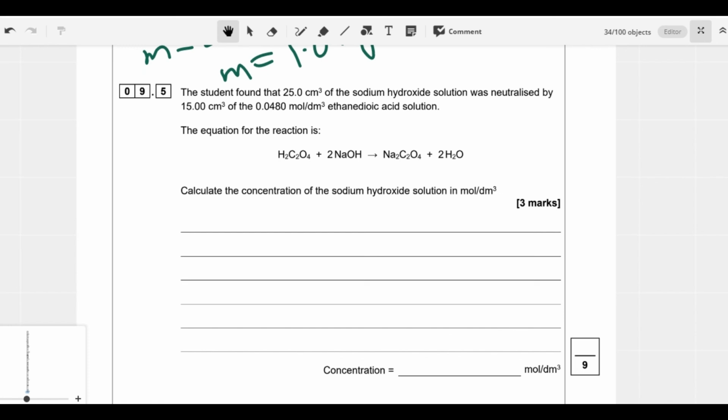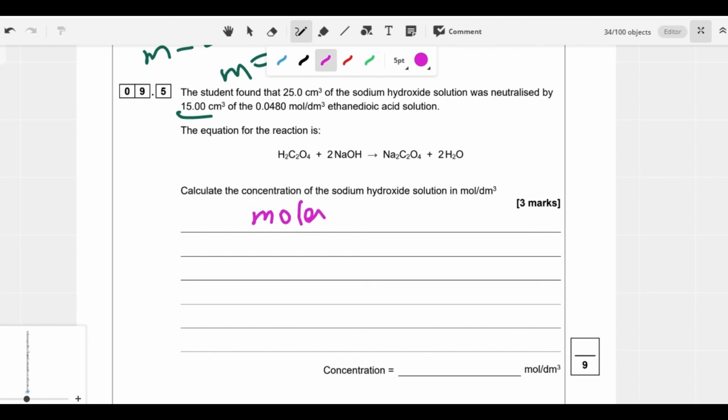So first you need to find the moles of ethanedioic acid. In 15 centimeter cubed, you need to first change it into decimeter cubed.